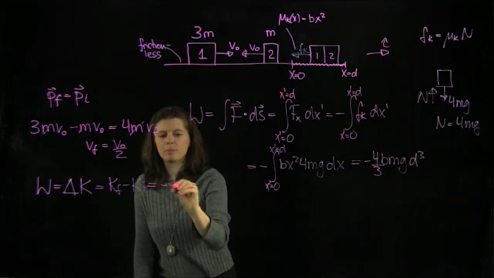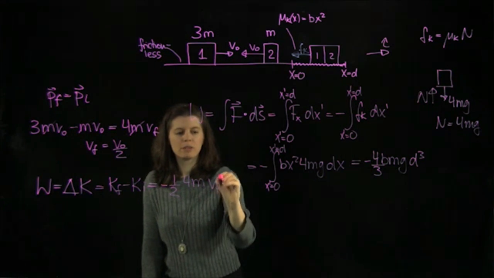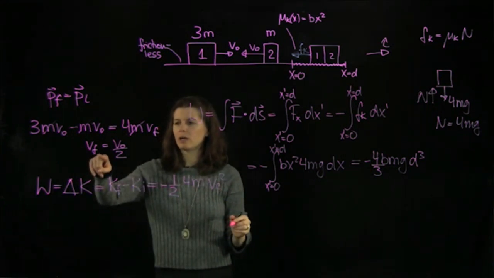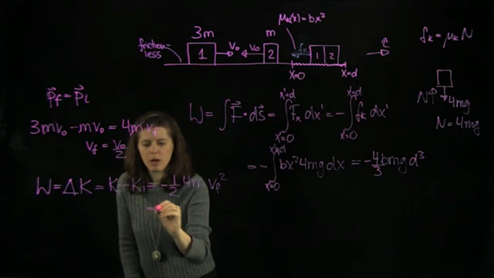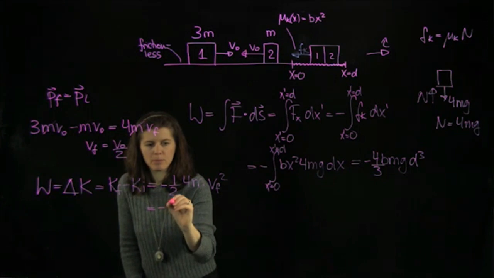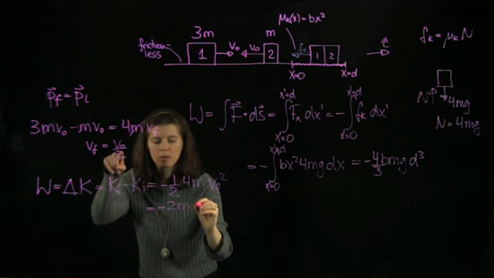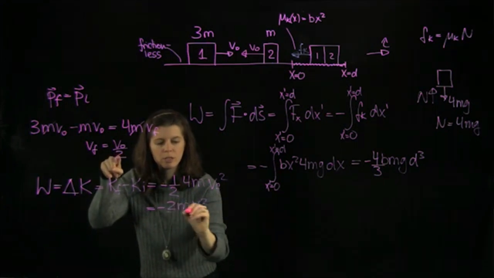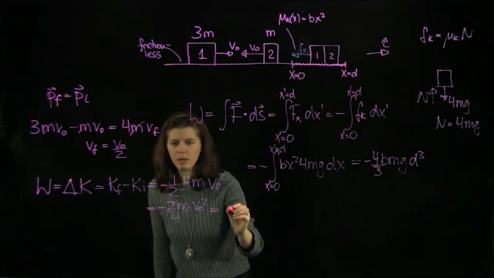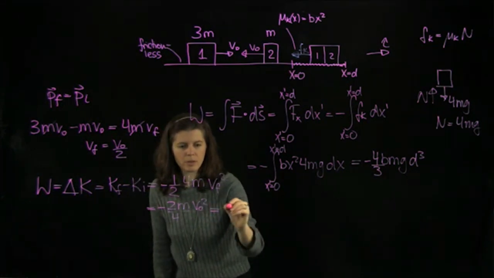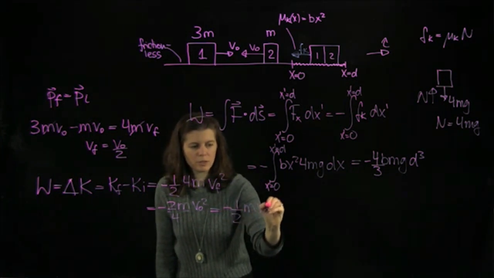So we'll have minus 1/2, and we have 4m v final squared. We determined here already that the final velocity is the initial over 2. So we'll have minus, here we're going to have 2m, and now v naught squared over 4. And that actually gives us minus 1/2 m v naught squared.